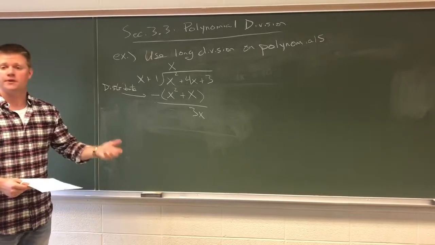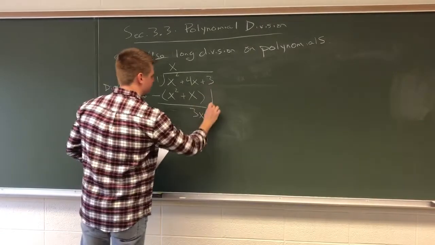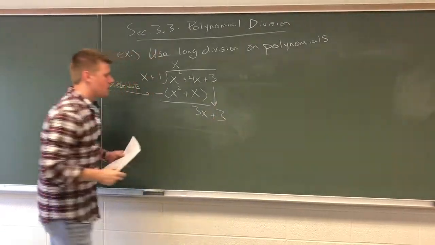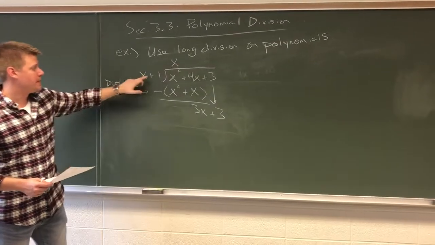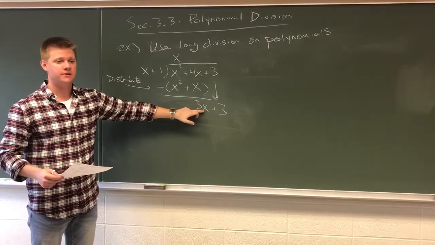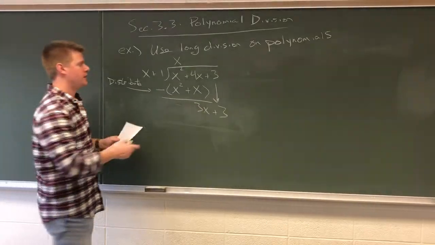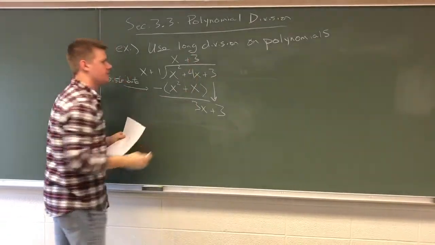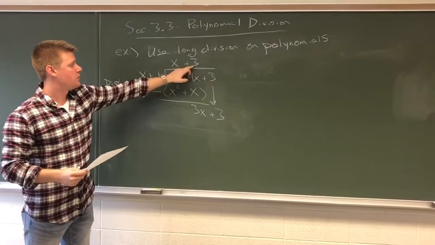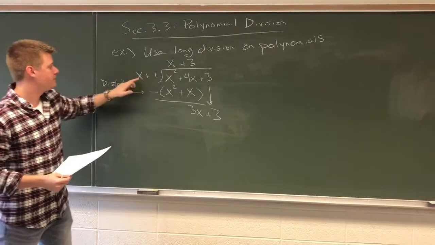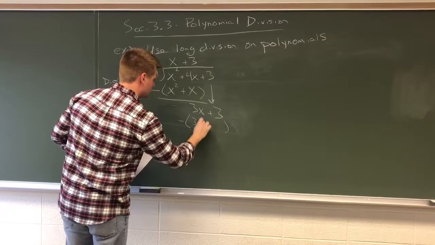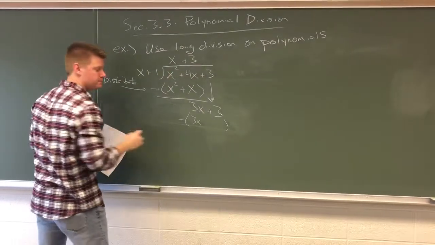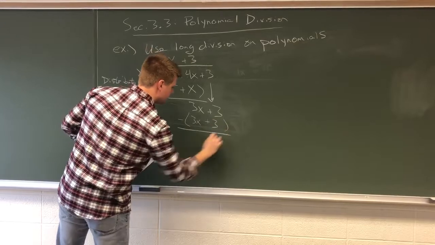All right, now we continue the process. I drop 3 down, same algorithm. What multiplied by x gets me to 3x? That's just a constant. It would be 3, so I have now a plus 3 up top. We do the multiplication again. 3 times x is 3x. 3 times 1 is plus 3.